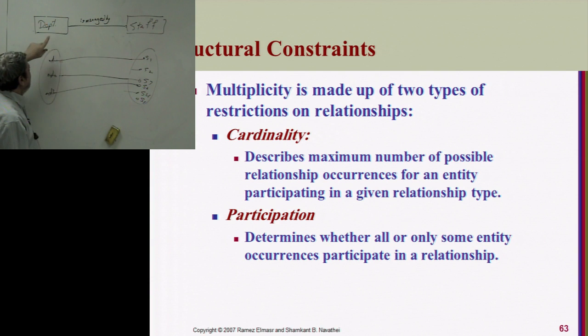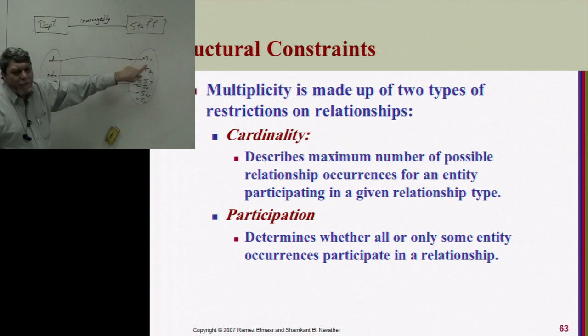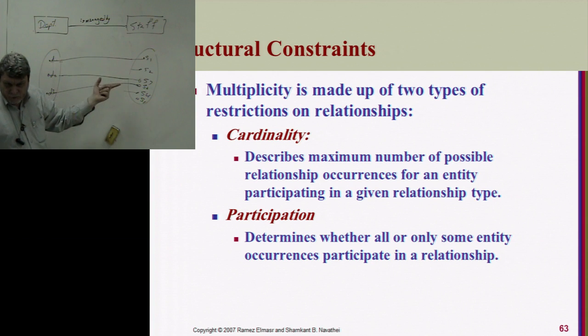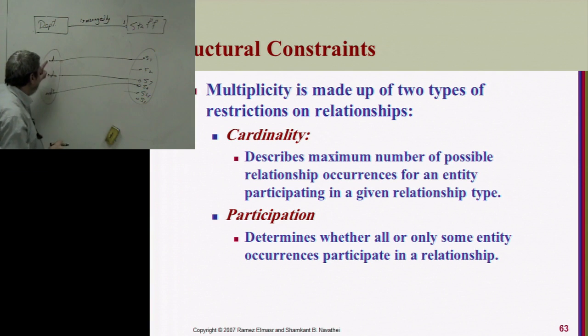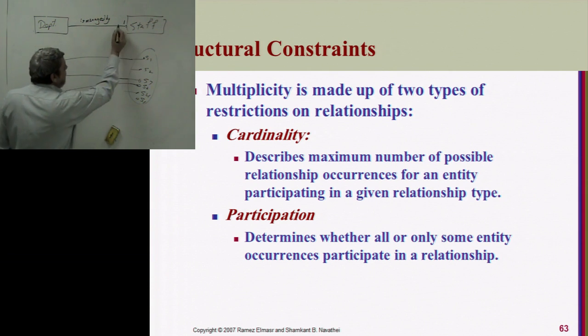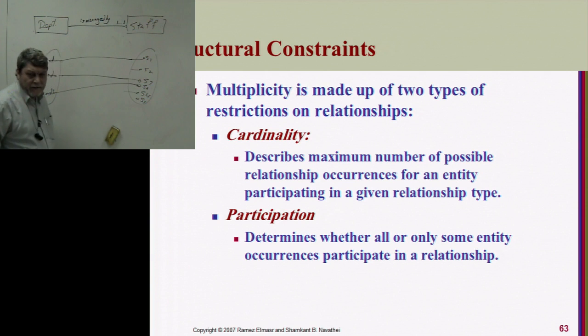So we write the participation and cardinality here, the multiplicity. So let's ask ourselves, each department is managed by how many staff? One. But at least in this example, is there anyone that's not connected? No. So each department must have one manager. Must have means that zero is not acceptable. We don't allow a department without a manager. So the minimum is one, but the maximum, how many managers?